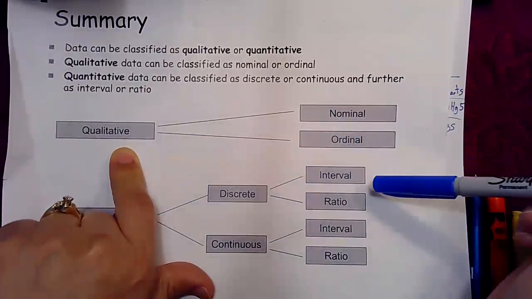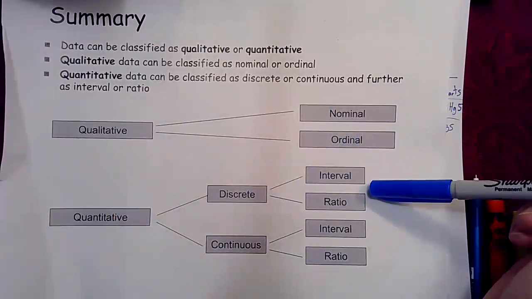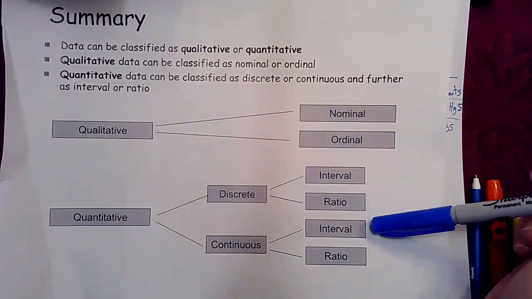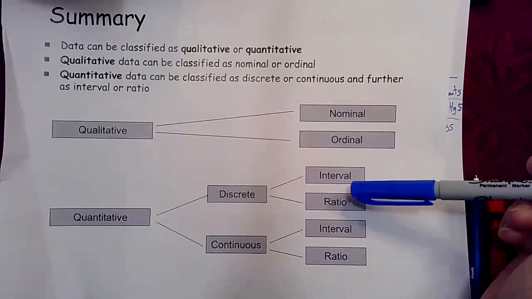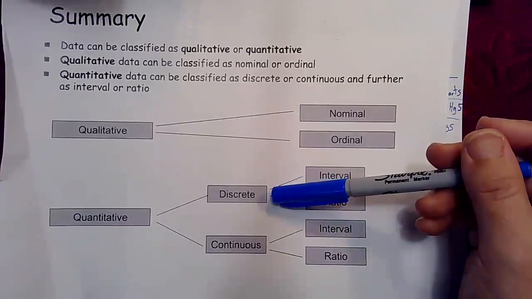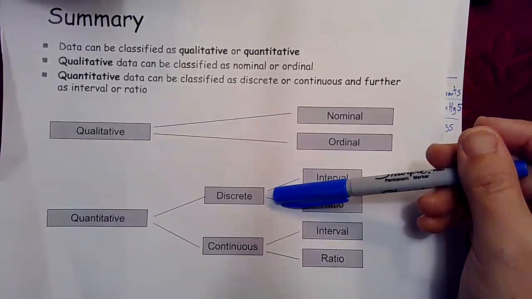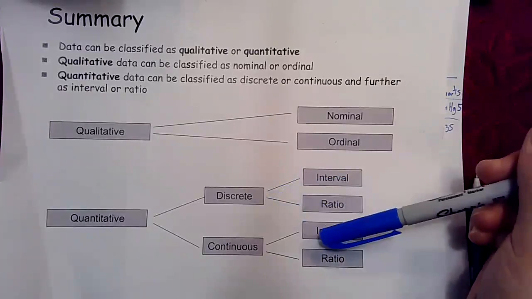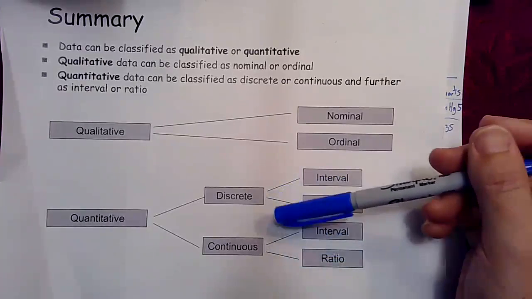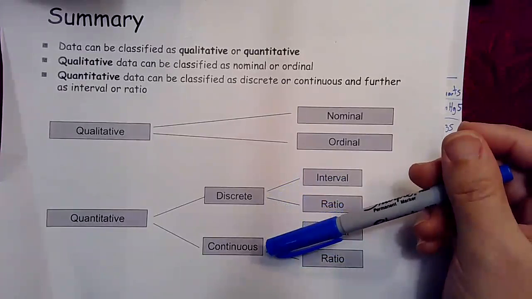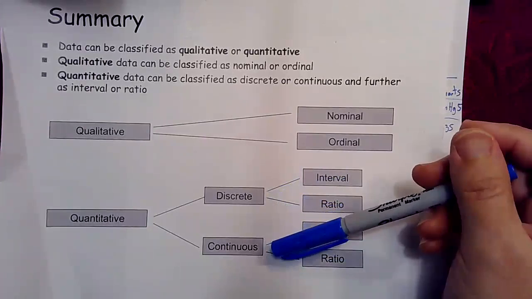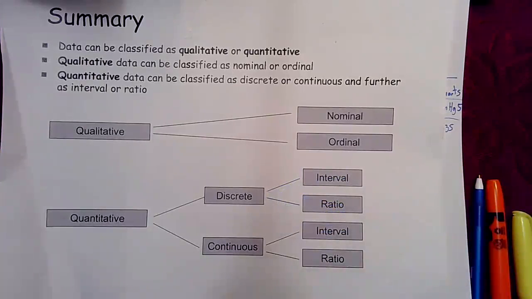But when you get to the last 2 measurements, interval and ratio, intervals could come from either discrete variables or continuous variables. So remember with discrete and continuous, we said that with continuous you need a measuring tool. So if I go back to, let's see where my notes are for that.